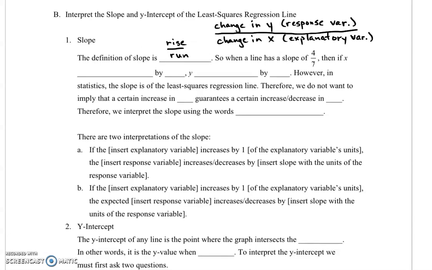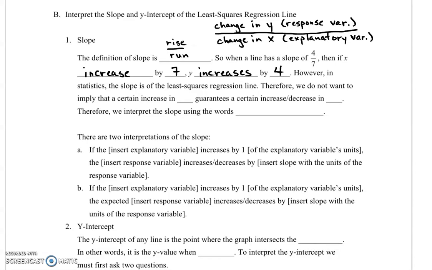So if a line had a slope of 4 over 7, that means that if x increases by 7, y also increases, but it only does it by 4.